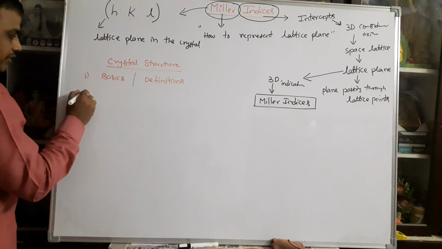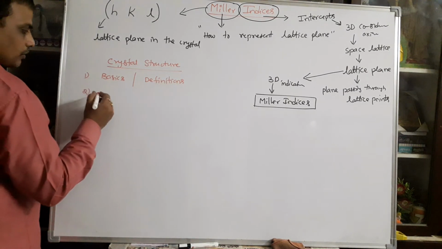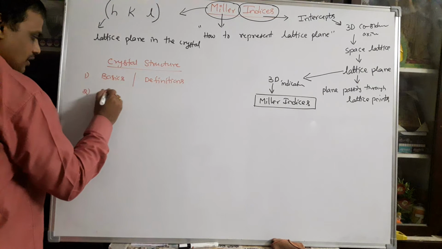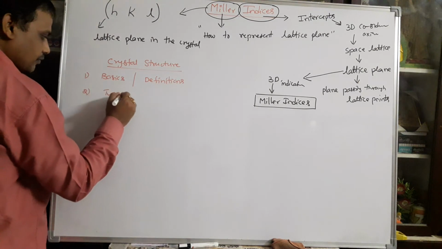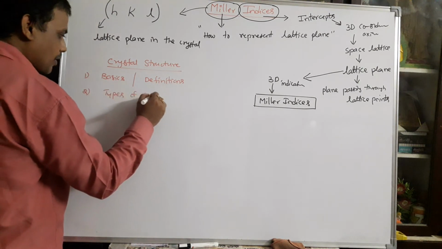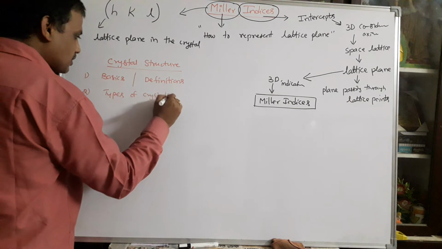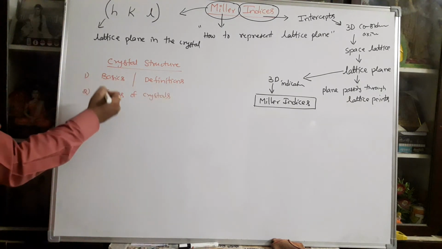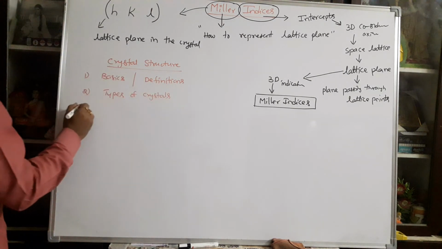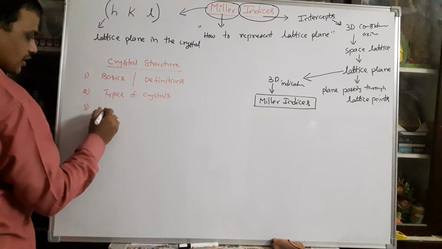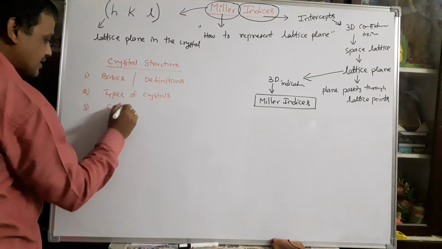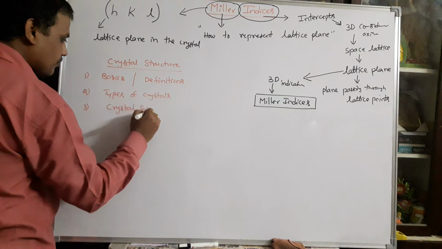After completion of definitions, we went to the types of crystals, crystalline and amorphous, and their properties. After completion of types of crystals, we went to the crystal systems.